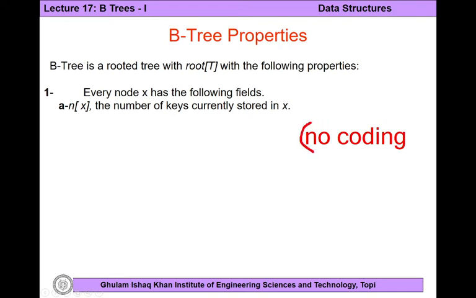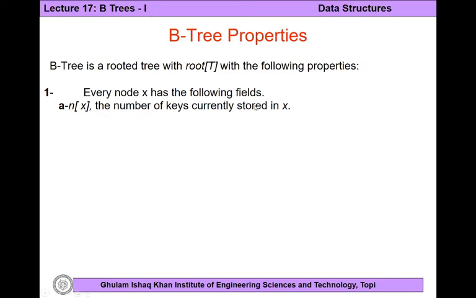So its code will not be asked from you in any exam, assignment, or quiz. But of course, we will perform the insertion of keys in the B tree and deletion of keys in the B tree as well, right? So while I am telling you about these properties, don't be tense or concerned about the coding. We are not covering its coding here.